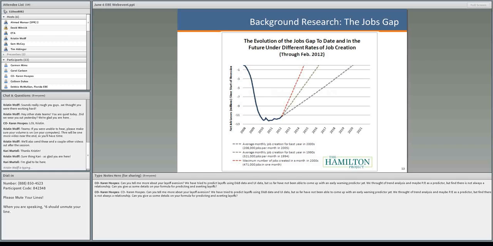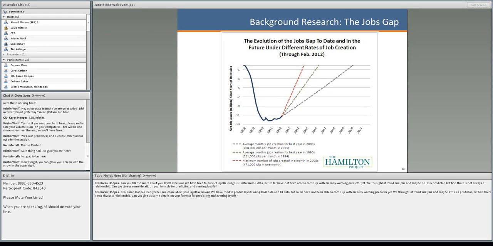But the Hamilton Project, which is part of Brookings, did some research about a year back looking at what kind of recovery times we might expect to get back to the employment levels that we had before the recession.